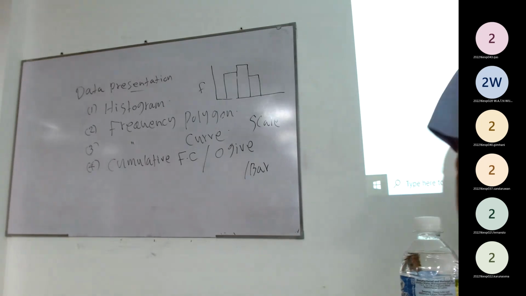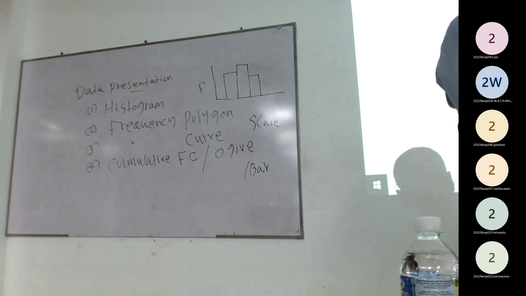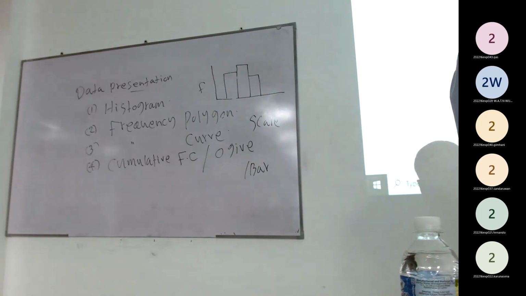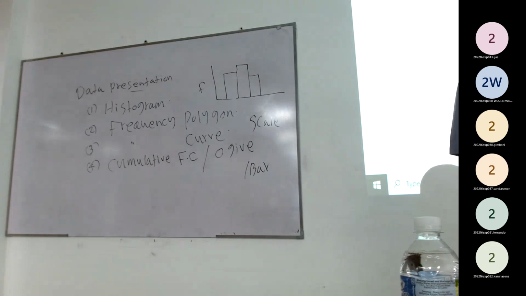Normal distribution is obtained from histogram. That is a hypothetical distribution.